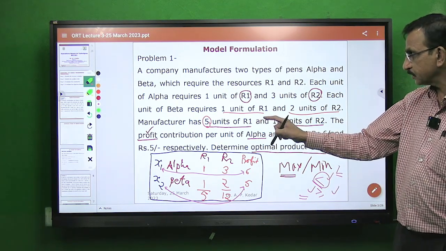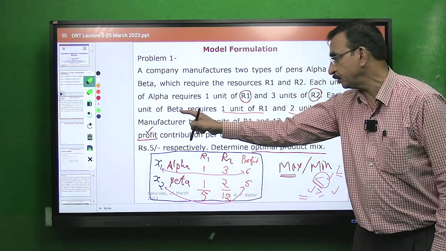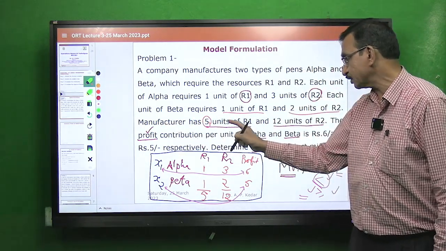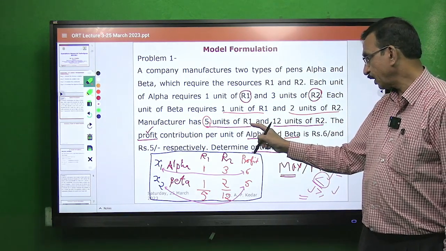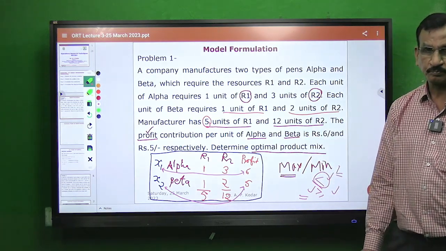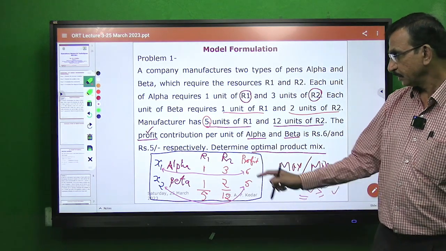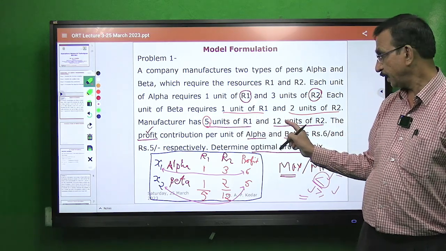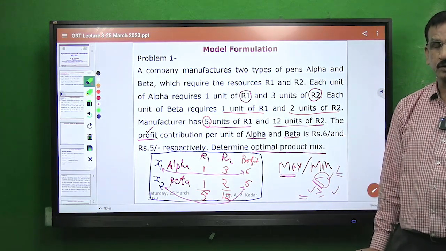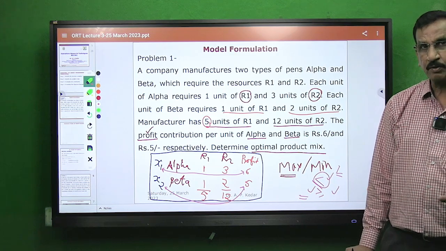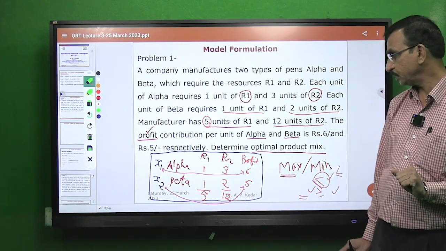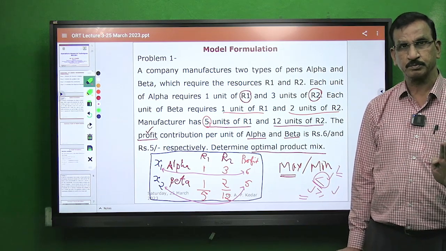In this particular case, it is given that manufacturer has 5 units of R1 and 12 units of R2. It means that he is not having more than 5 units of R1 and more than 12 units of R2. Maximum availability of R1 and R2 is 5 and 12 units respectively.